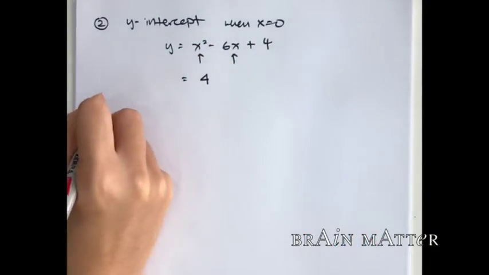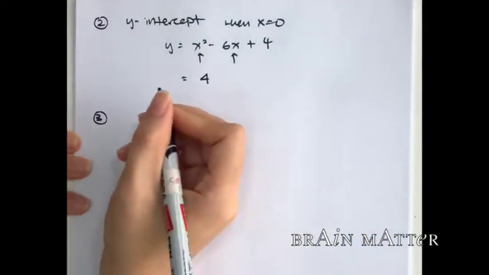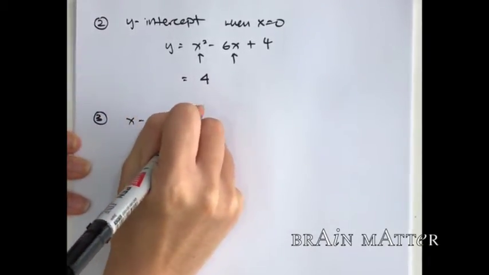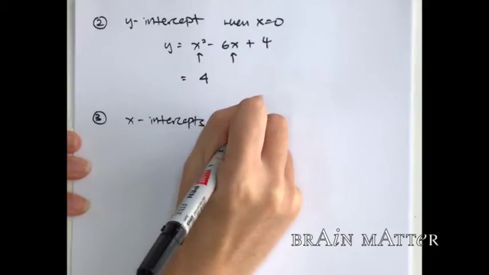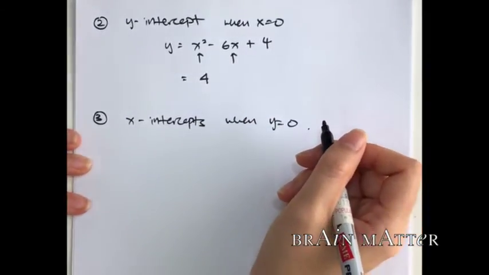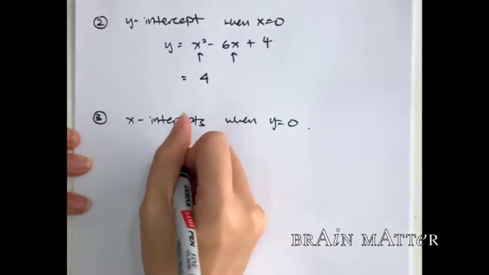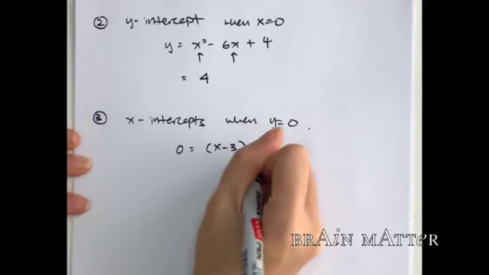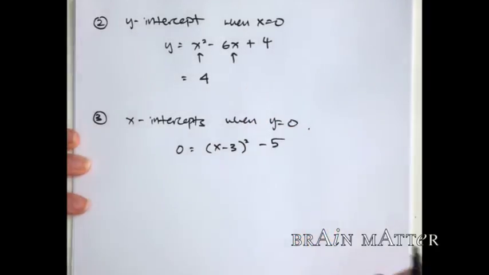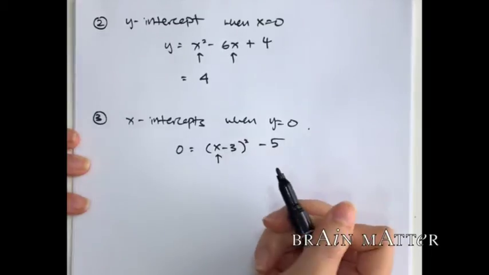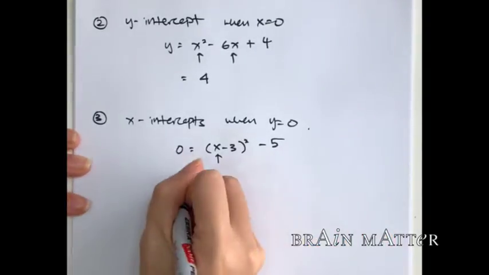The third thing that we need to find is the x-intercepts. So that's when y equals 0. For this one, use the complete the square form because that will cut out a lot of your time. (x minus 3) squared minus 5 equals 0. Because there's only one x here, you can just bring the 5 over.